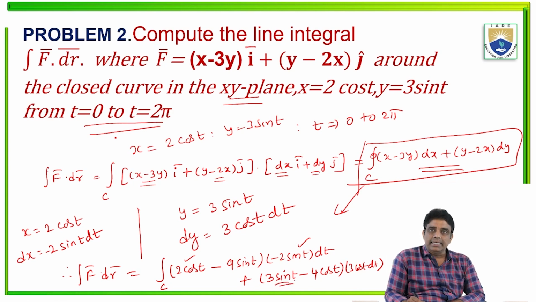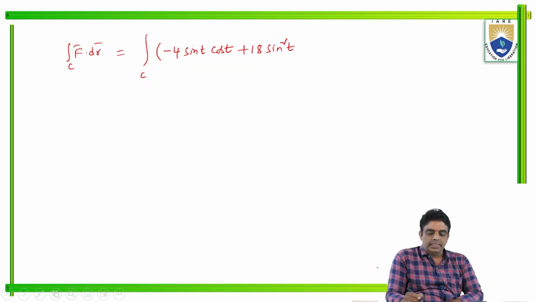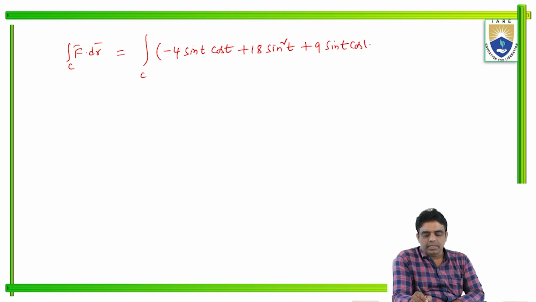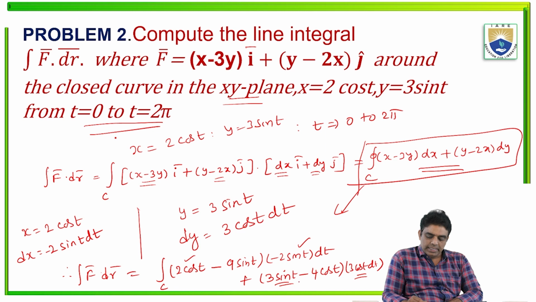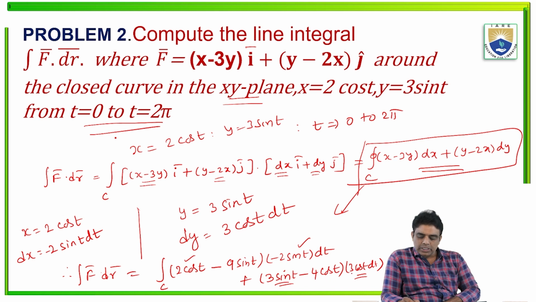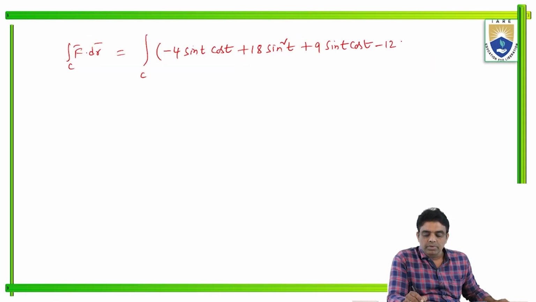Next, 3 sin t into 3 cos t, that is plus 9 sin t cos t. And the last term is minus 12 cos square t dt.